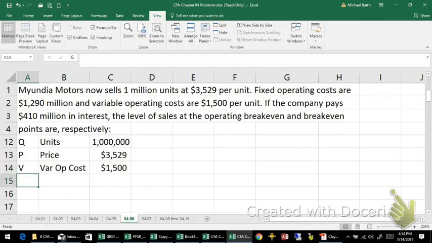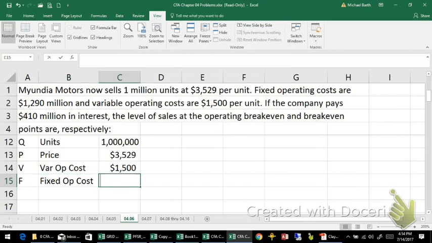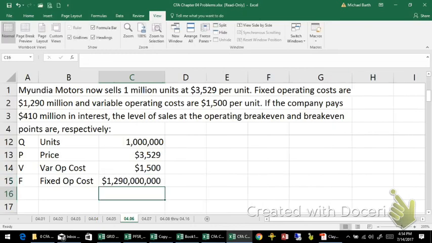Fixed cost, which are, if you sell 0 units, you still have to pay the fixed cost. And the fixed cost are given in the problem as 1,290,000,000.